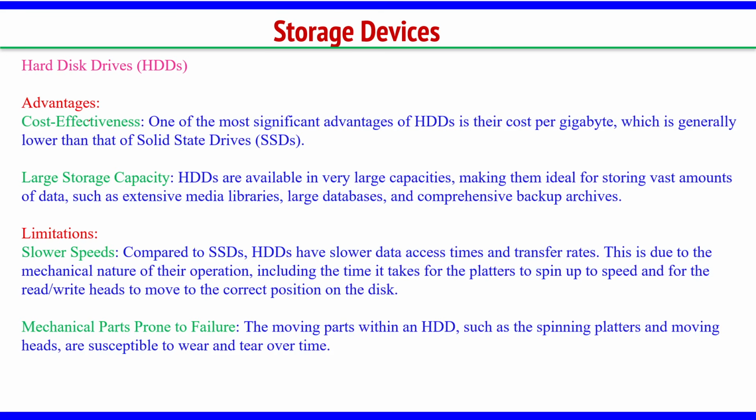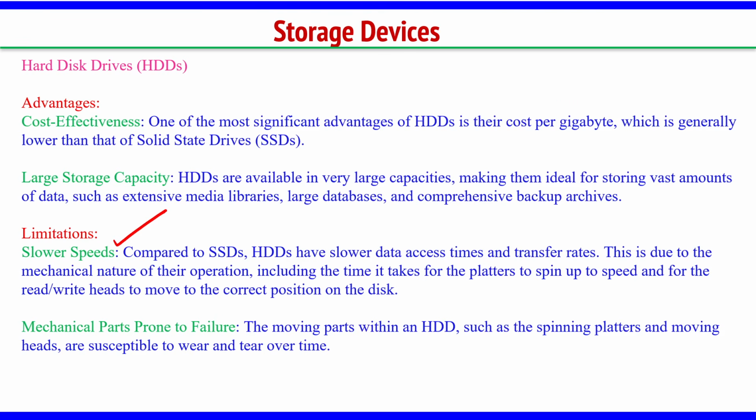It is based on the magnetic field that we understood. Benefits of this: cost effectiveness. It is cheaper in cost. The price of a hard disk is lower than SSD, and it has large storage capacity. HDDs are available with large capacities, you can have 100 TB storage, 512 TB storage, as much storage as you want.